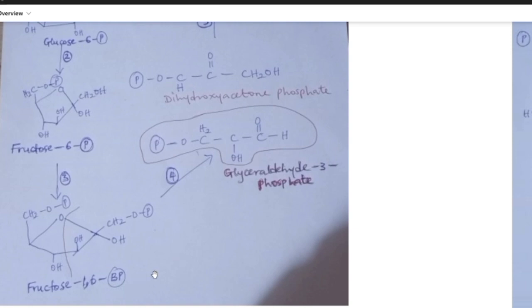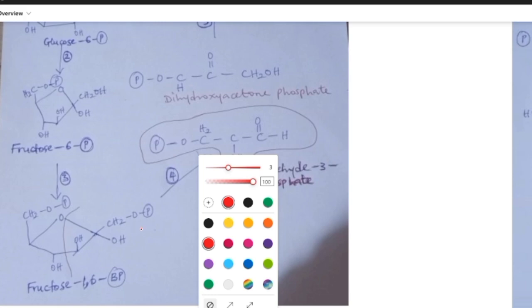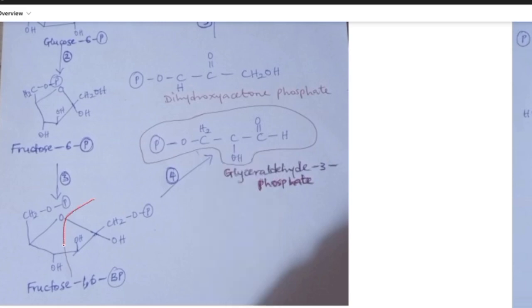And in step 4, what happens is the splitting of fructose 1,6-bisphosphate right down the middle into two sets of 3 carbon fragments, as shown in the structure. So this 6 carbon molecule is split into 2 sets of 3 carbons, giving you 3 carbon straight chains.